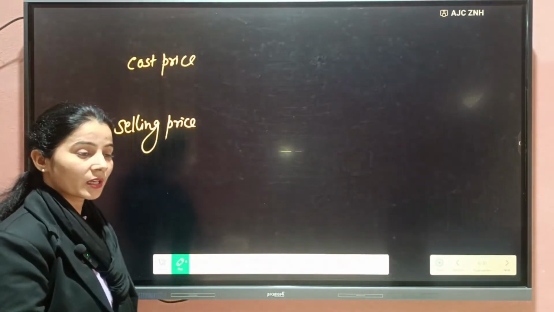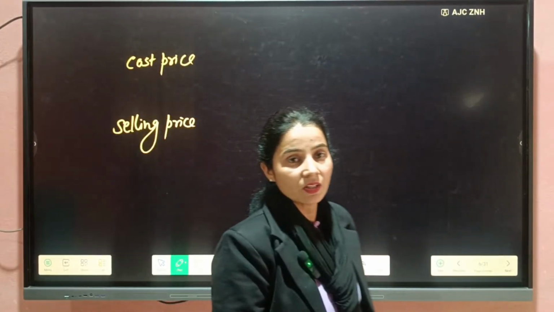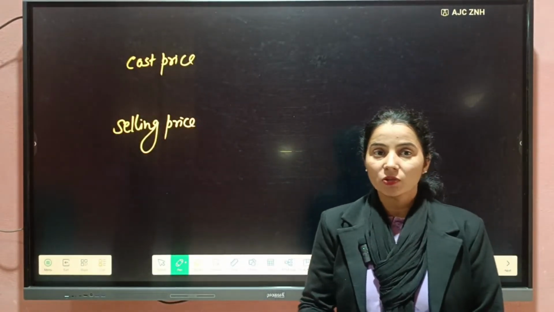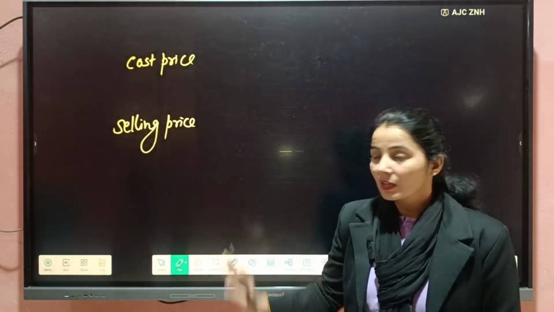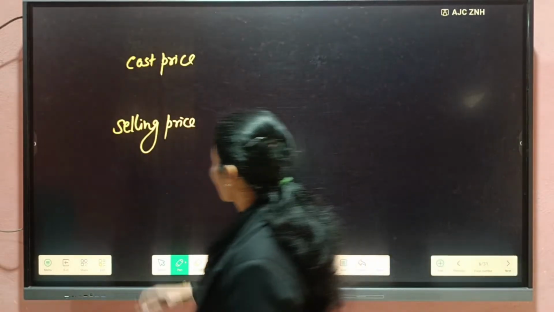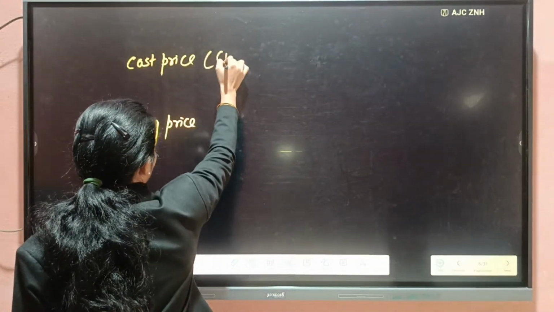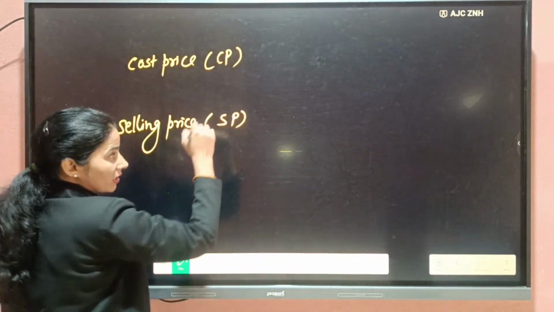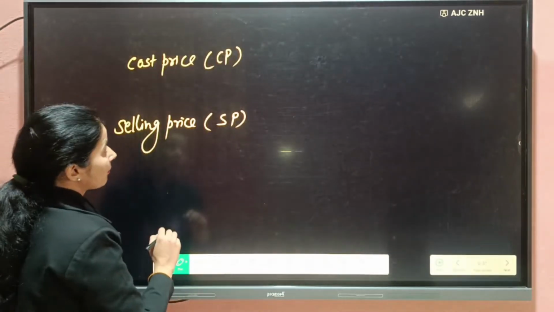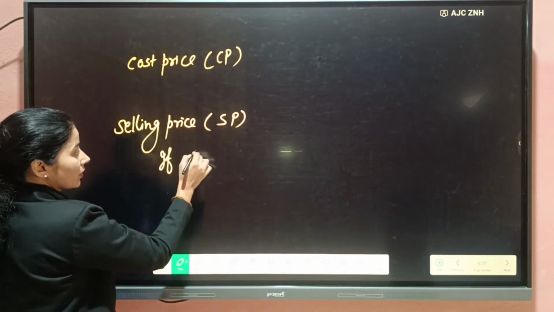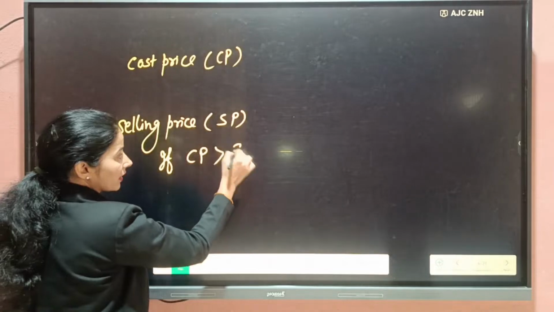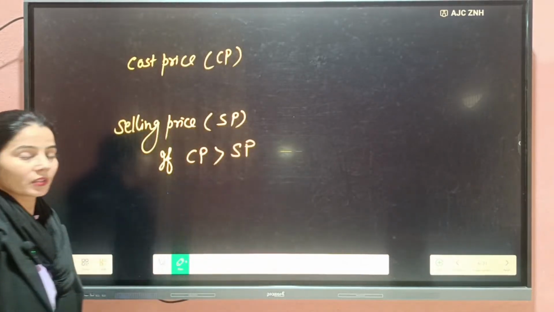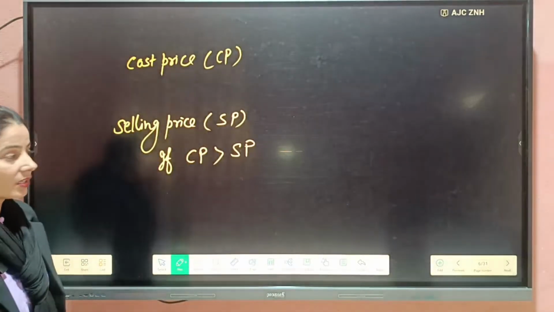At what price we are buying articles, that is cost price, and at what price we are selling them, that will be their selling price. Cost price let us denote with CP, and this selling price let us denote with SP. Now what will happen if your cost price is greater than selling price?